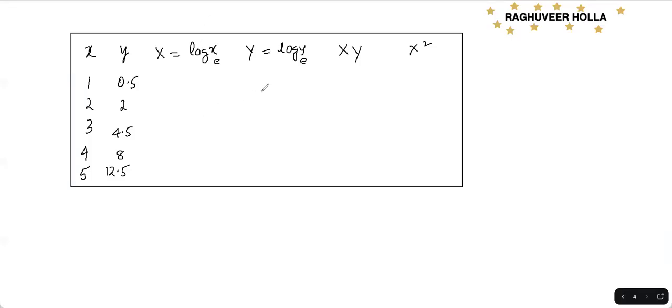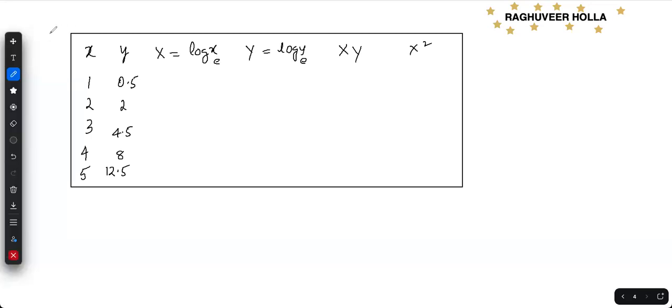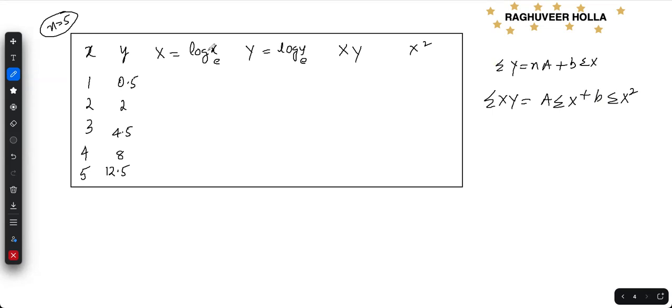As we have the following data, x and y, here n is 5, and we have to form the normal equations. We need to find the corresponding data. Capital X will be log x to the base e. So log 1 is 0, log 2 is 0.6931.